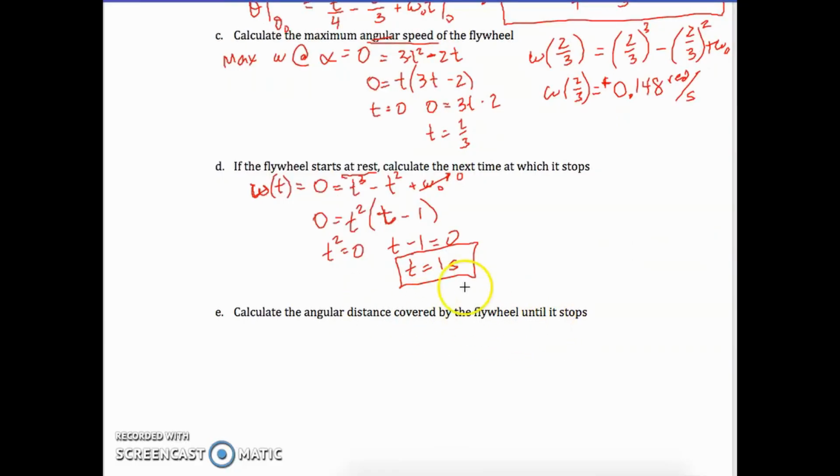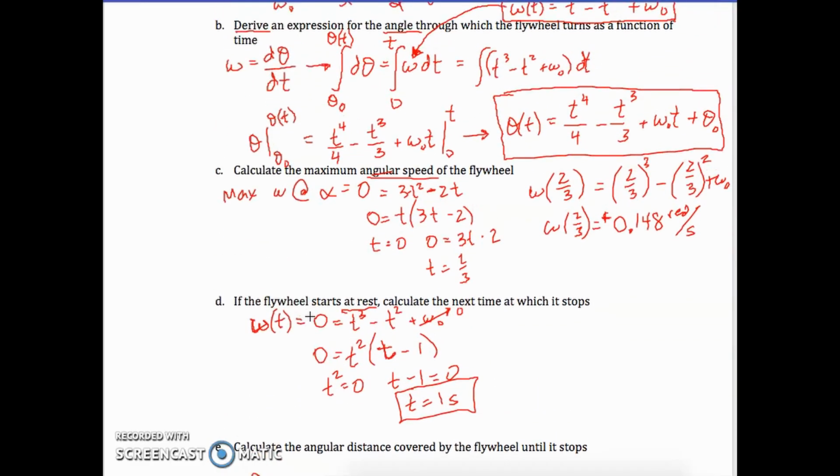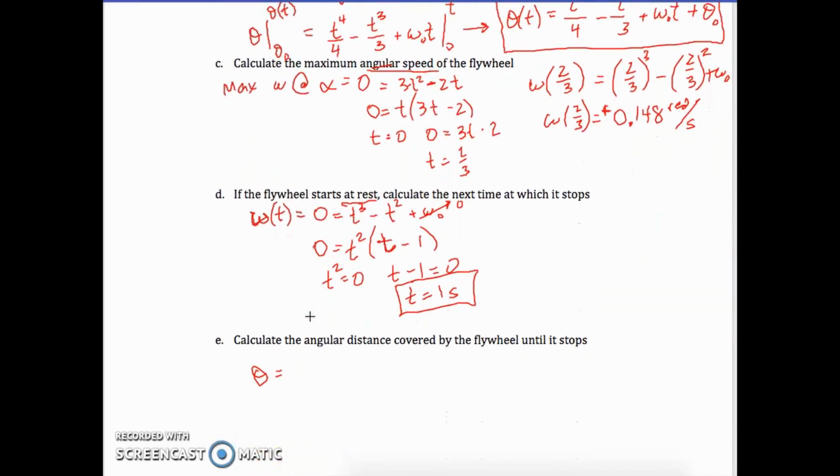Now, how far did it go in that time? So from 0 seconds to 1 second, how far did it go? And now we will take our expression back in part B. So t to the fourth over 4 minus t cubed over 3 plus, oh wait, that term is 0. And then, well, how far did it go from where it started?